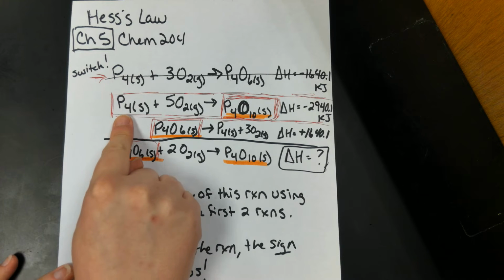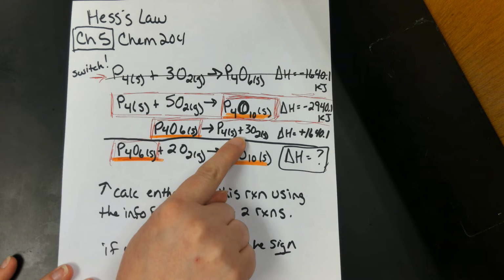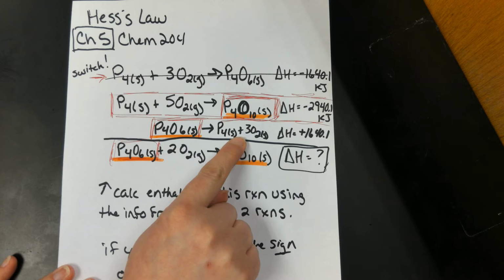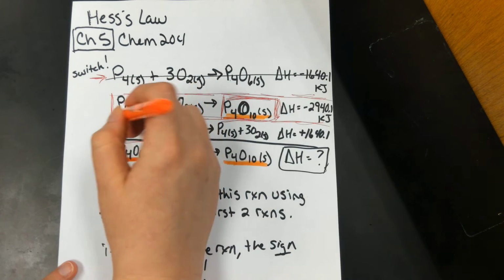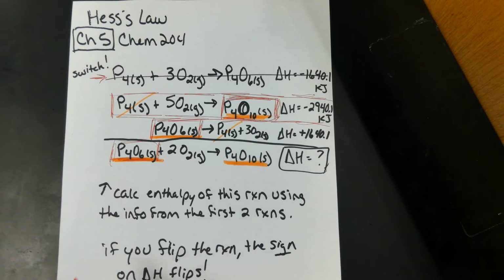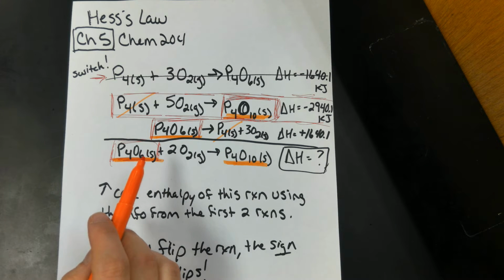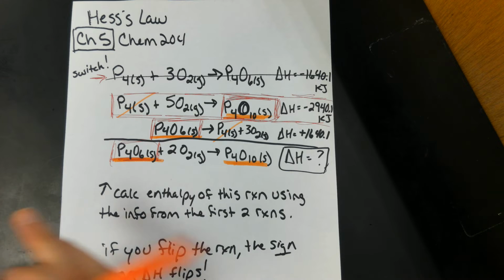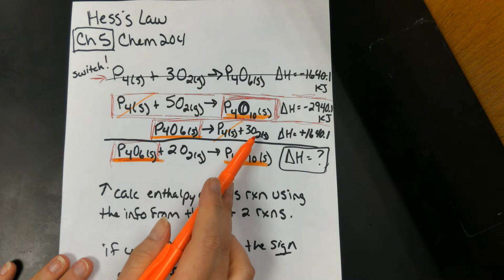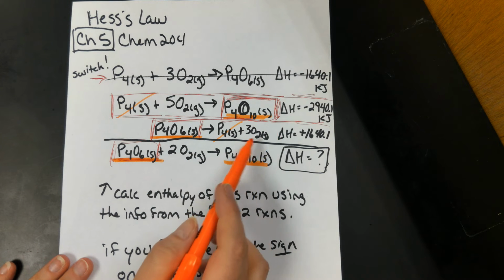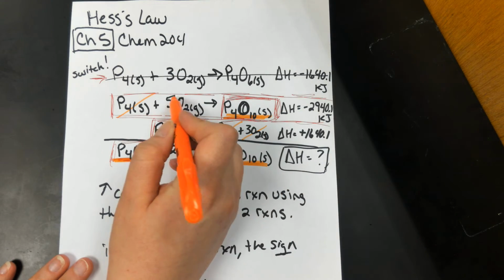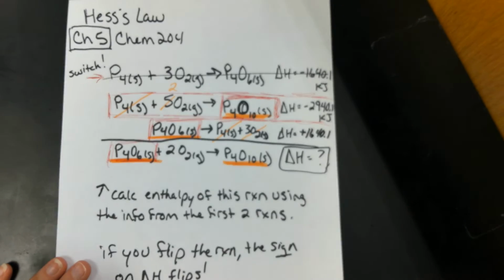Well, it looks like we have a P4 on the left and a P4 on the right. What would happen to those? They would cancel out, right? Because it's used up and it's formed. Now, how about the 5 O2 and the 3 O2? These 3 O2 would be used up and we'd be left with 2 on this side, right?